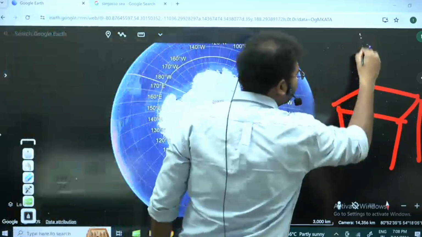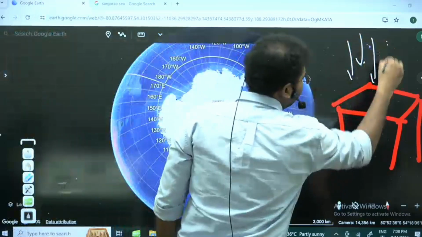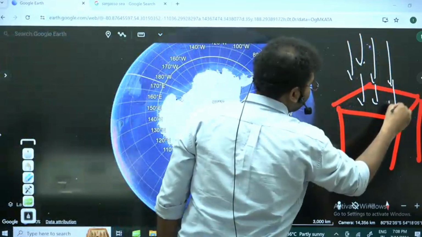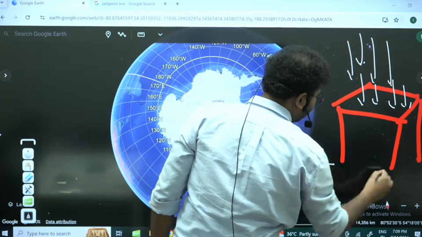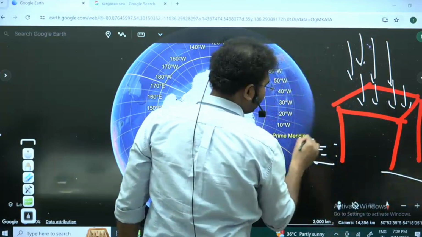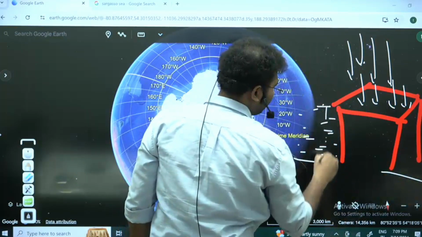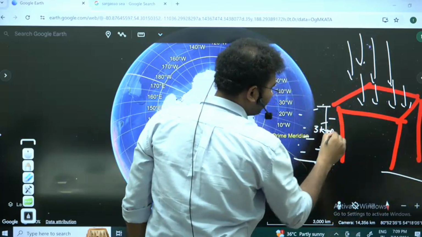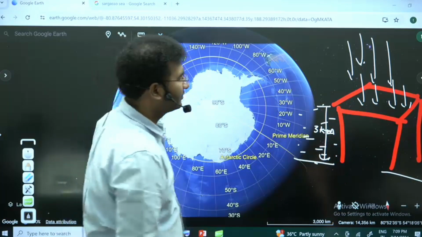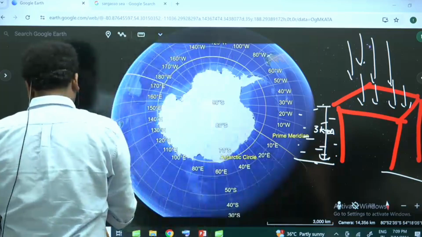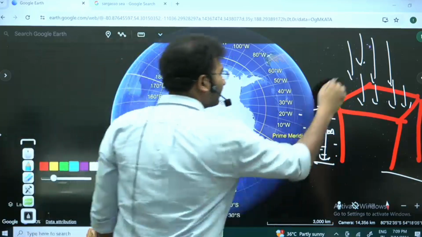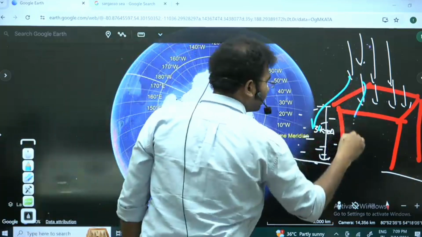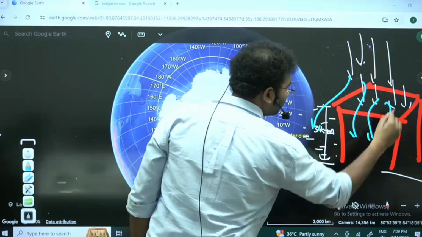That means high pressure. The winds are sinking on this. What is the height of Antarctica? The height is on average 3 kilometers. Right? So here the winds that have come, don't you think they will be sinking? They sink in every direction.